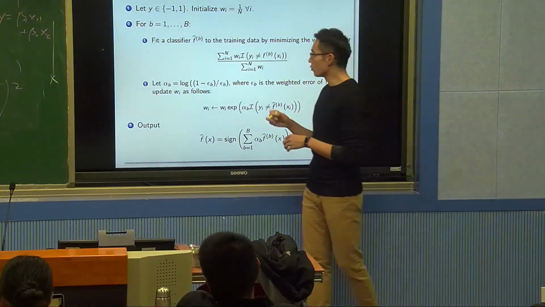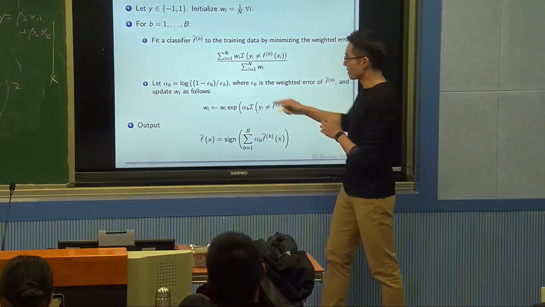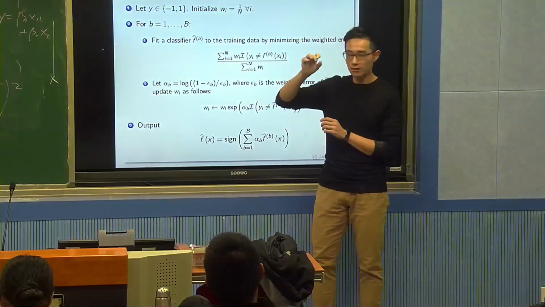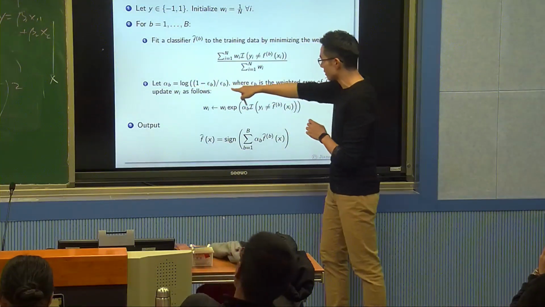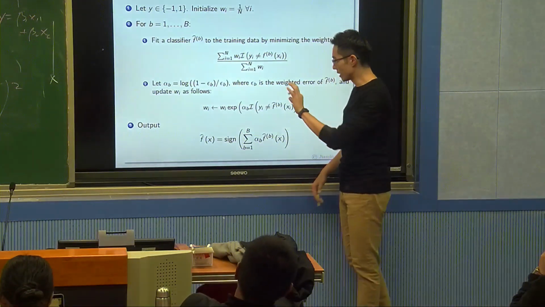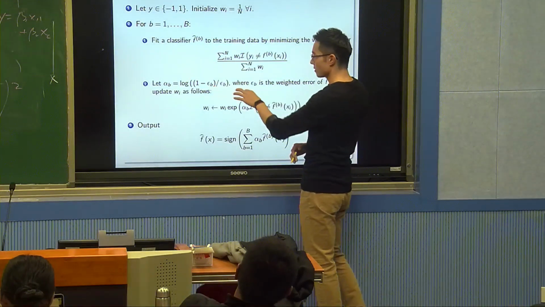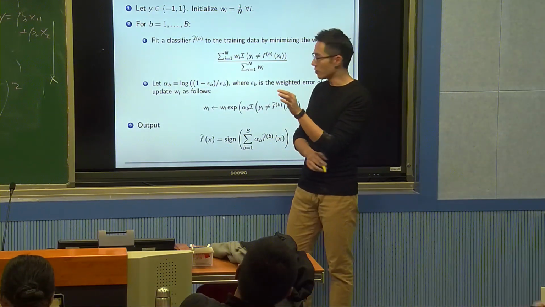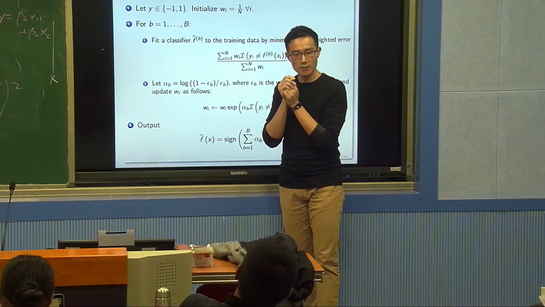One thing interesting about this classification tree is that this alpha can be either positive or negative. Let's think of epsilon as the error I make in each round. You can think of this epsilon as the weighted misclassification rate, which is between 0 and 1.